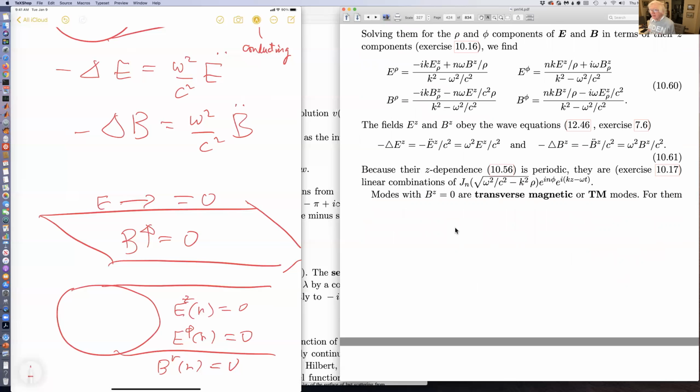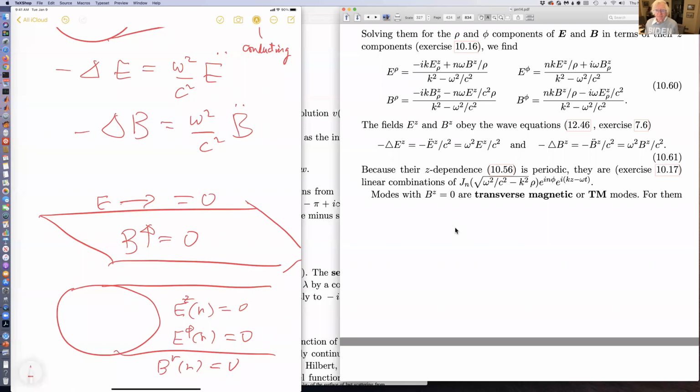And now, of course, as usual, you have an infinite number of possible solutions. If you just take some charge and put it in at one end of a perfectly conducting cylinder and shake it, you're going to get all kinds of frequencies of E and B waves rattling down the waveguide.